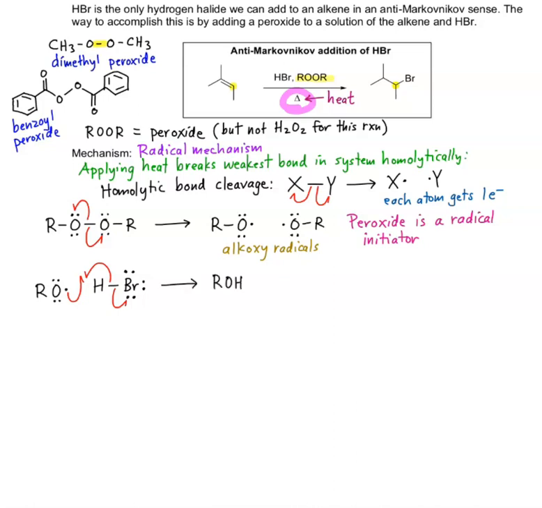So we get ROH, or an alcohol, and a bromine radical. Now in a radical mechanism, the steps have names, so they can be classified based on what's happening in the steps. This particular step is what's called an initiation step. And in an initiation step, what's happening is that you're generating radicals from the chemicals involved in the reaction.